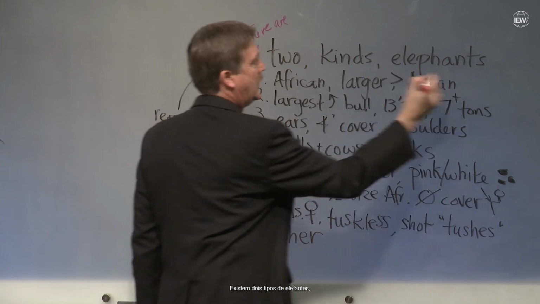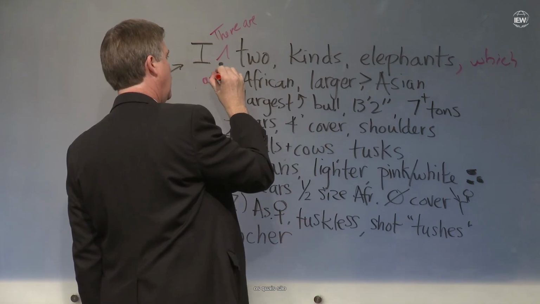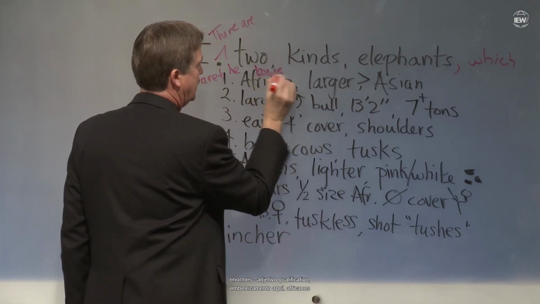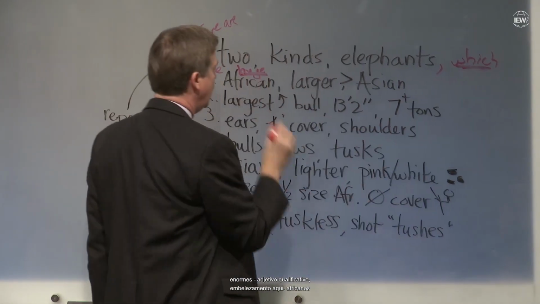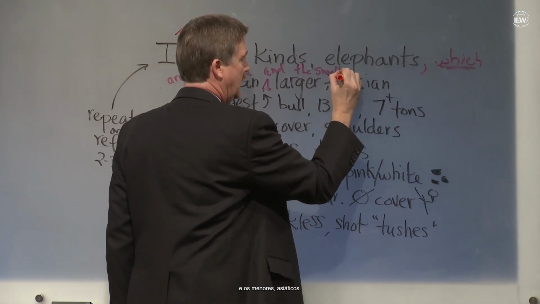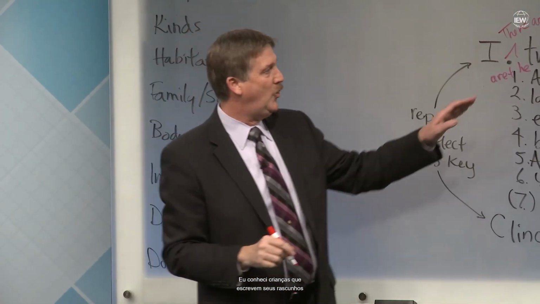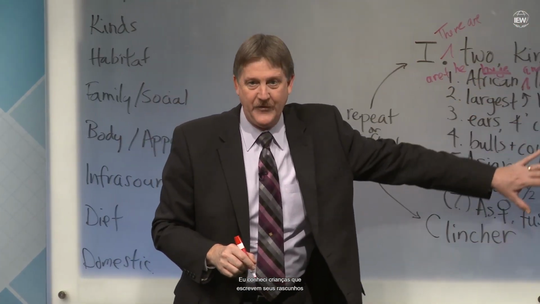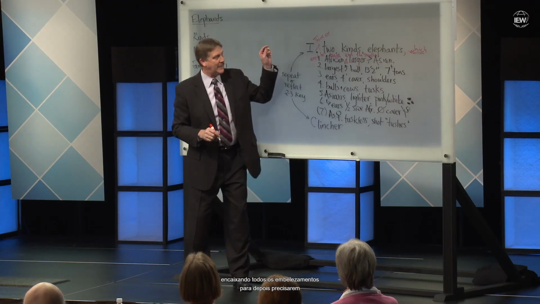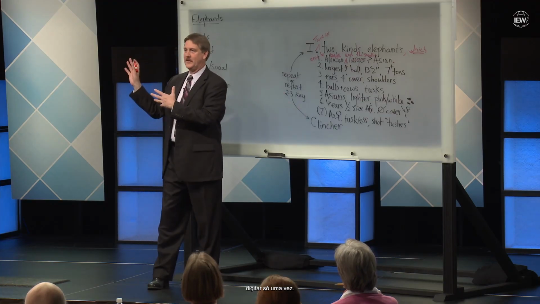There are two kinds of elephants, which are the huge, quality adjective, dress up right there, African, and the smaller Asian. I have met kids who will write their draft on top of the keyword outline, fitting in every single dress up, so all they then have to do is just type it up once.